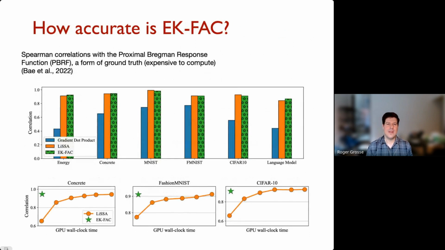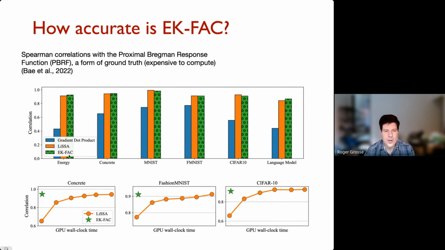And so how accurate is eKFAC? When we started this project, we thought of this essentially as a baseline. It seemed like maybe an overly simplistic algorithm if we want good approximations to the Hessian. But it actually turns out to be quite competitive in terms of this PBRF ground truth that I mentioned earlier.